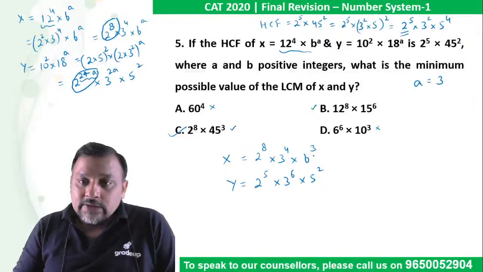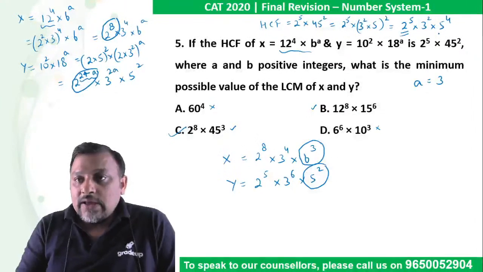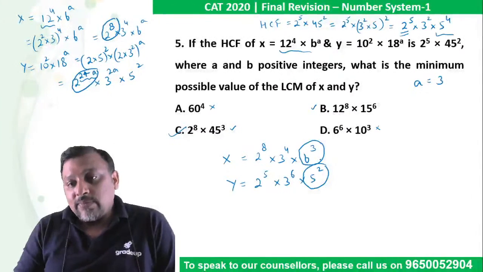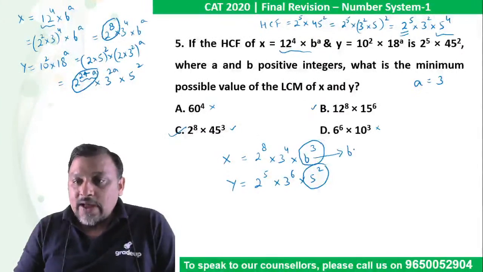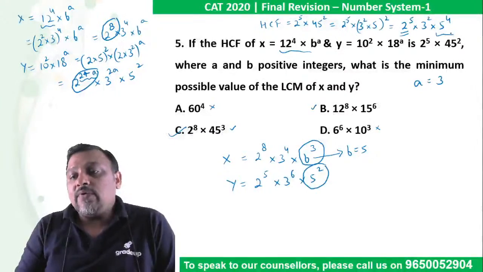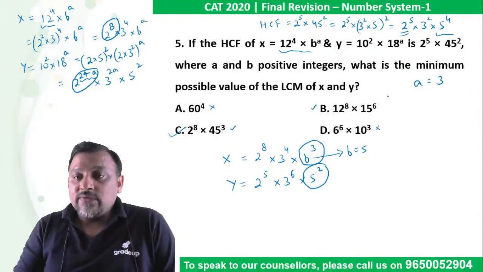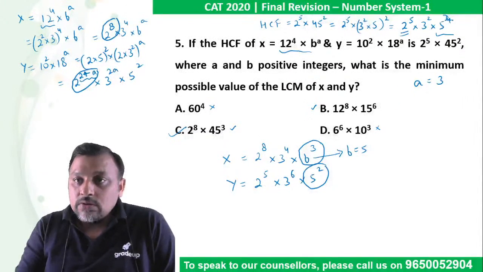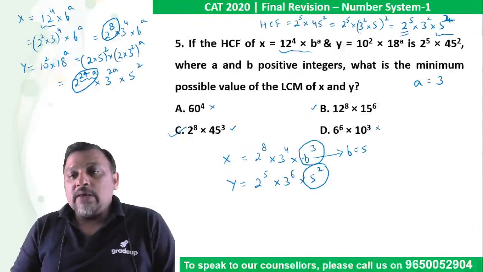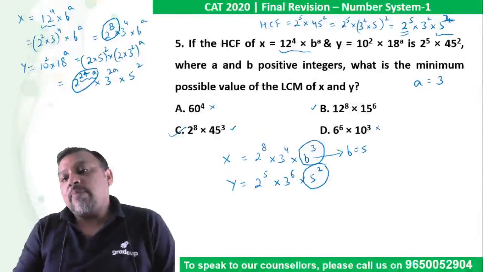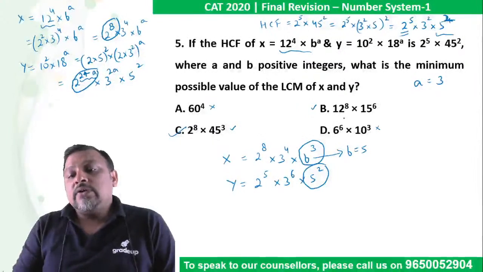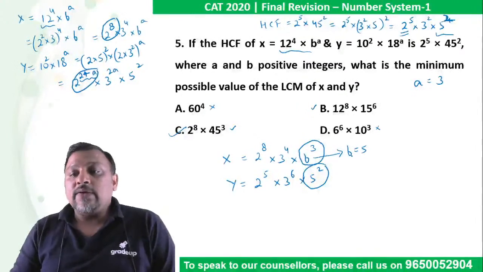So if I compare these two values, and we have 5 raised to the power 4, that means B must be 5. Then only I will have a power of 5 in the HCF. B must be 5, then only we will have powers of 5 in the HCF. So B must be 5.